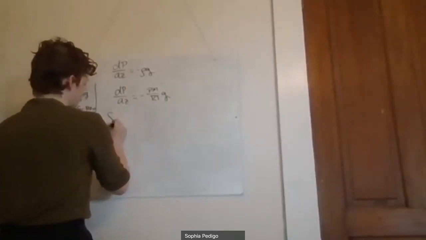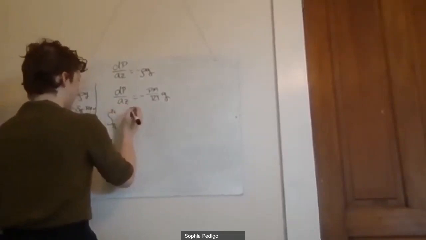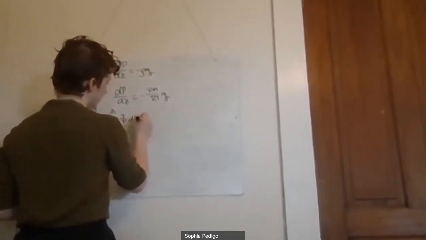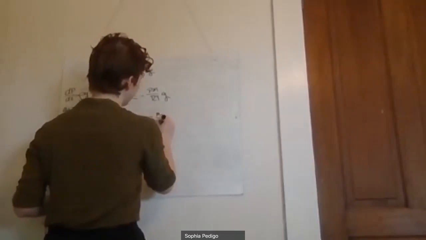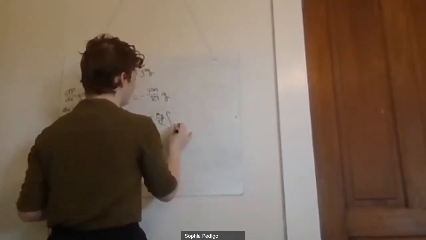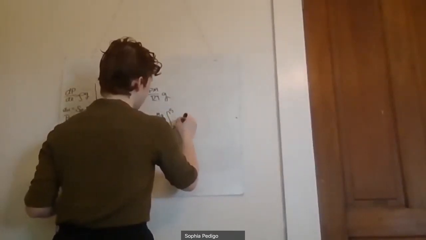And that will give us the integral from some initial pressure P1 to some final pressure P2 of 1 over P dP is equal to negative Mg over R. Those are constants. They stay outside of the integral, multiplied by the integral from some initial altitude to some final altitude of dz over T.